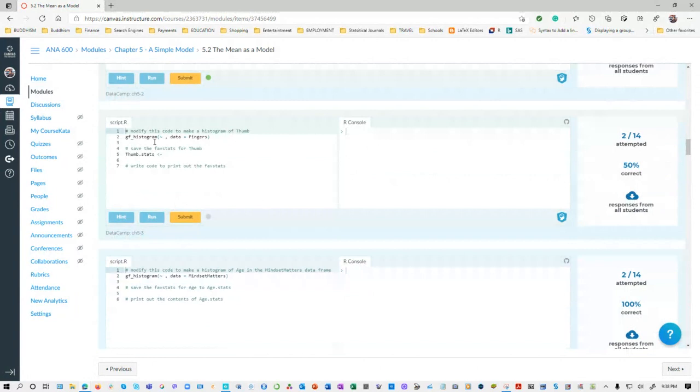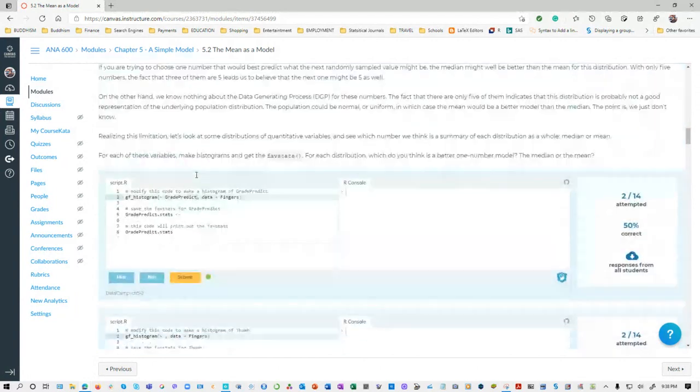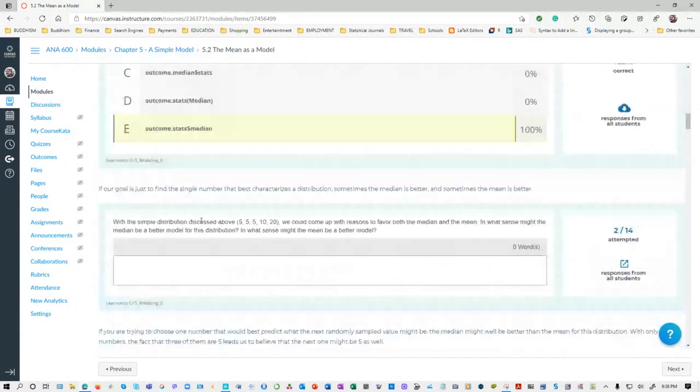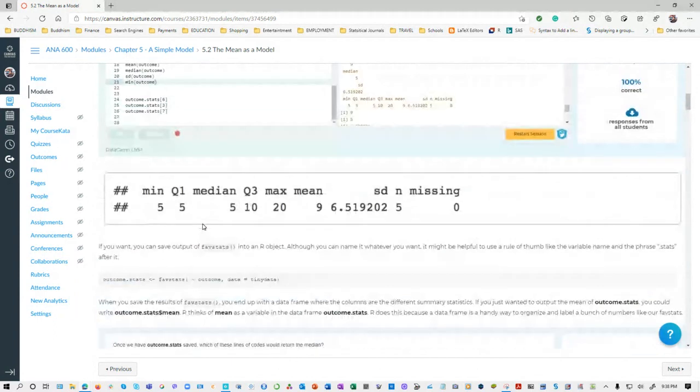So make the histogram, and then find the favorite statistics for that particular variable. It's easy.